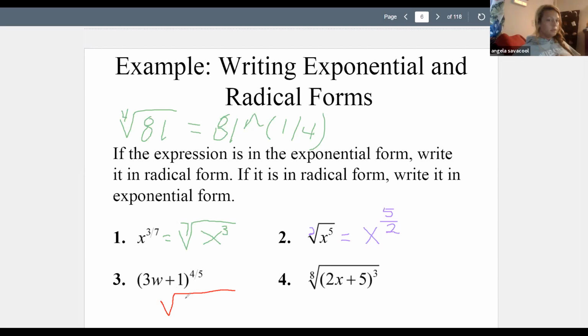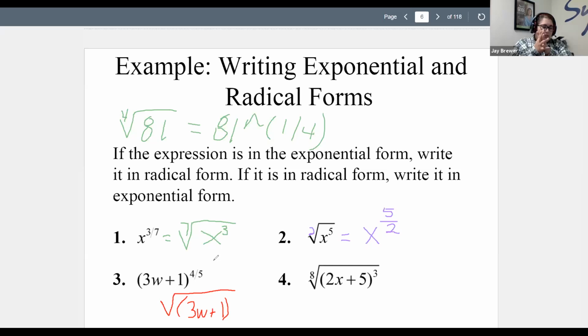The 3w plus 1. Right? And then now we just have to worry about how we're going to split up our exponents. So what do you think we're going to do? Would 5 be the index? Mm-hmm. 5 is the index, which means the 4 is just going to come underneath as an exponent.